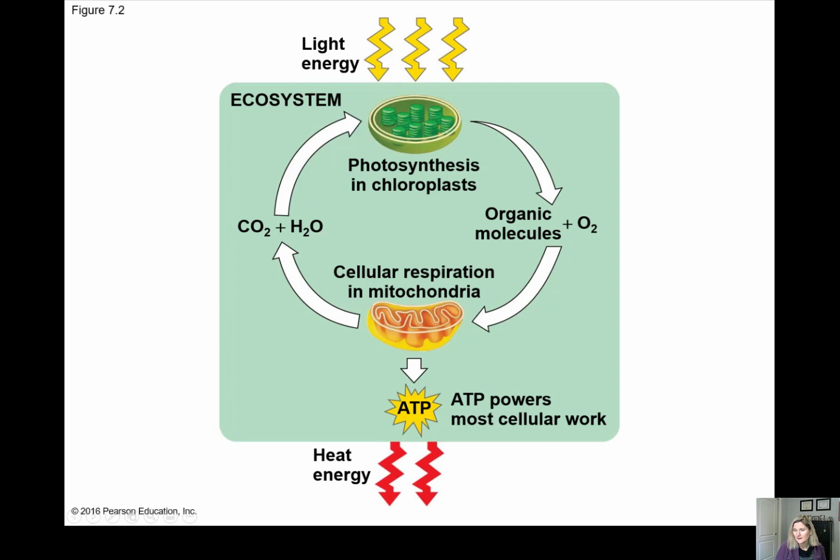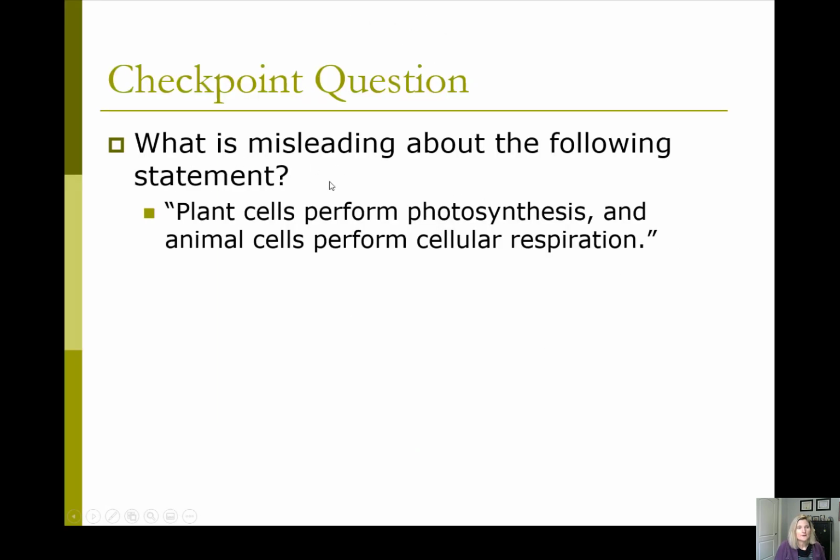Okay? So here's a misleading statement here about plant cells. Plant cells perform photosynthesis, animal cells perform cellular respiration. A lot of students get into that misconception that plants do photosynthesis, animals do cellular respiration. Remember, plants also do cellular respiration.